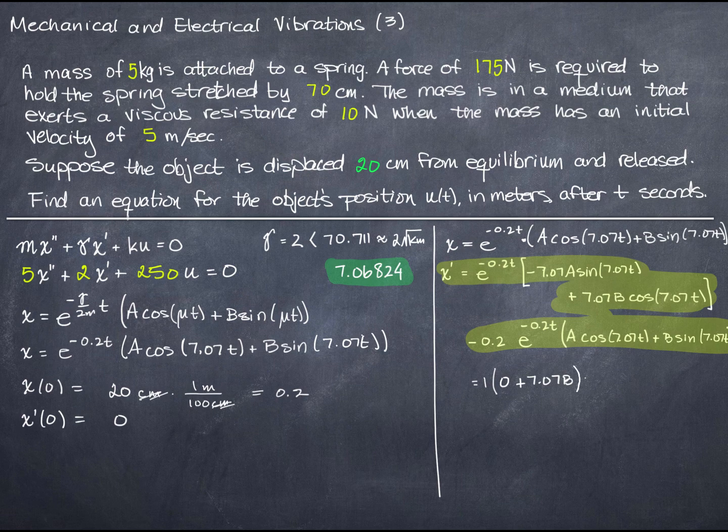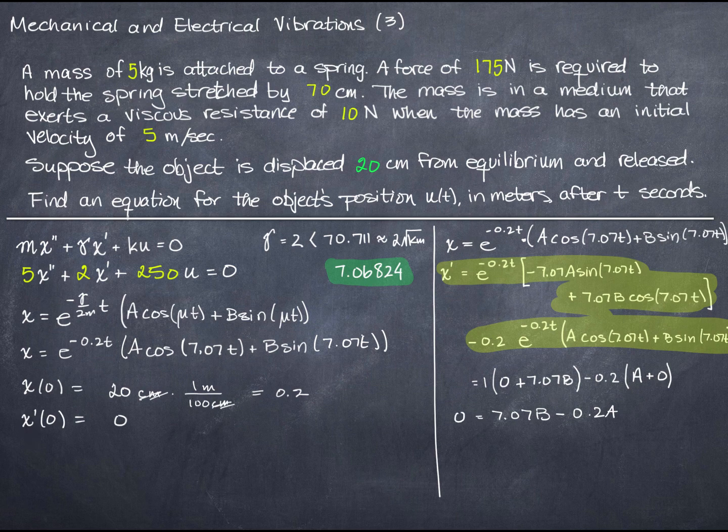And then I'm going to take negative 0.2 times e to the 0, which is 1, times, again, cosine of 0 is 1, so I have just a, plus b times the sine of 0, which is 0. So when I distribute, I've got 7.07b minus 0.2a, and this is what happens when t is 0, x prime is equal to 0. So this is equal to 0.